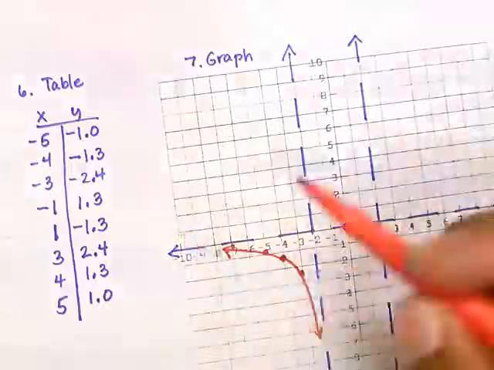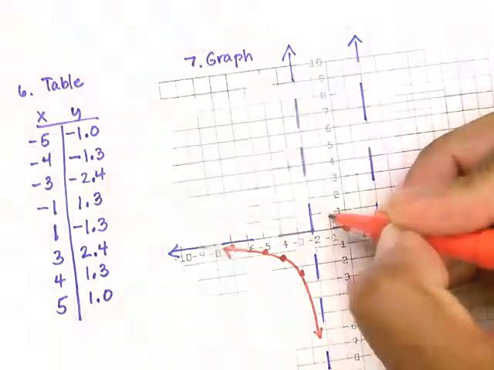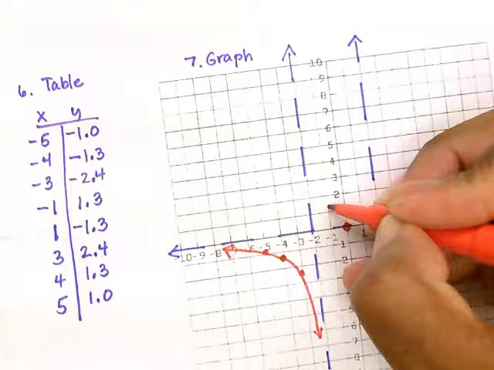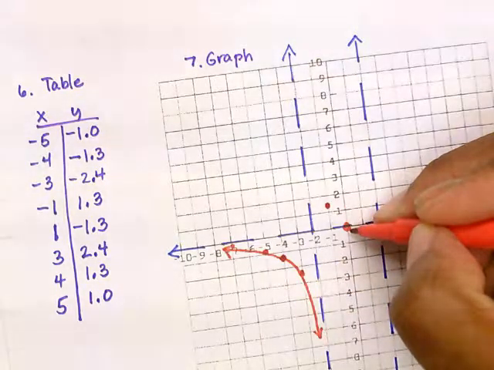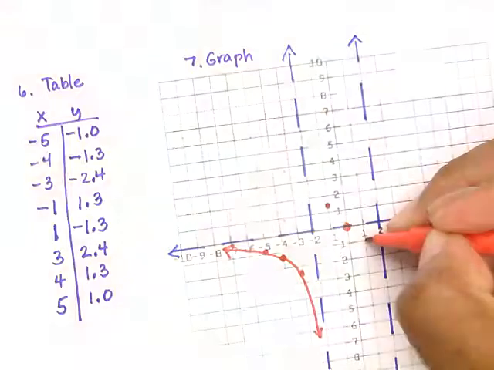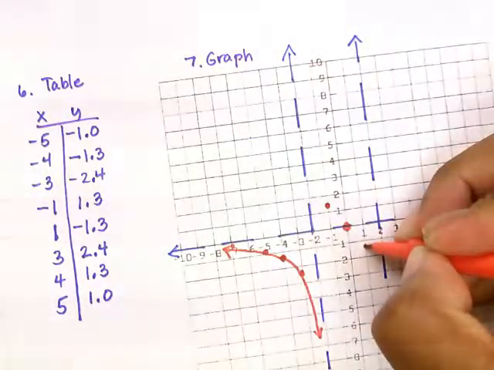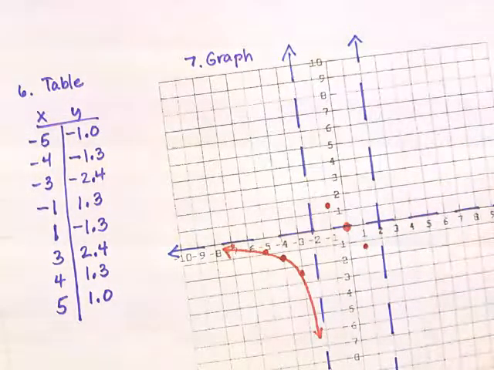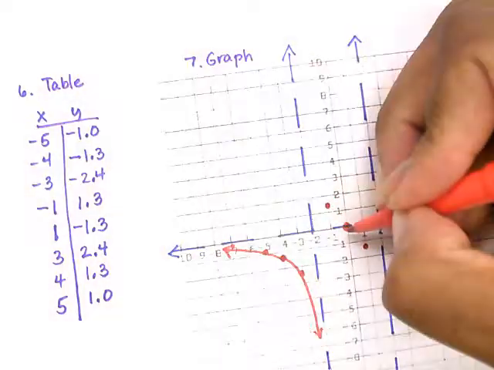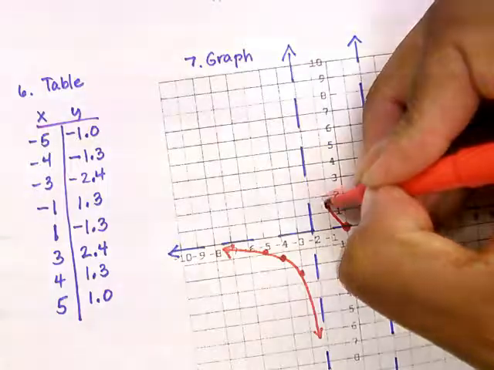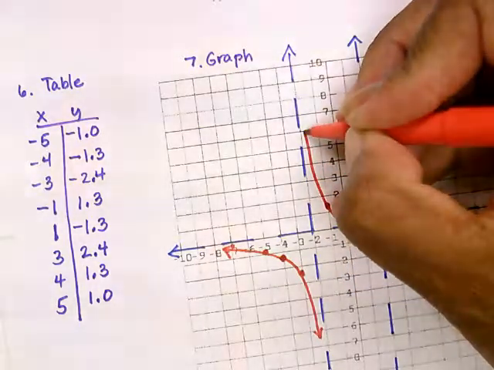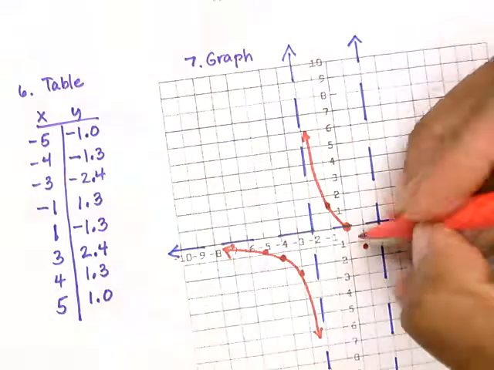Okay, now for -1 and 1.3, to the left 1 and up 1 and about 1/3 of the way. And then for 1 and -1.3 will be to the right 1 and down 1 and approximately 1/3 of the way. Here's what this part of the graph will be doing. It's going to come up and approach this first vertical asymptote like this.